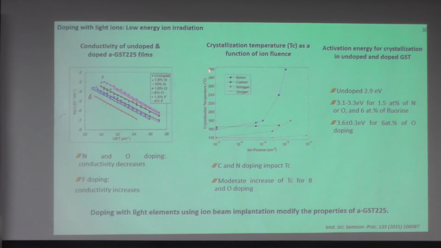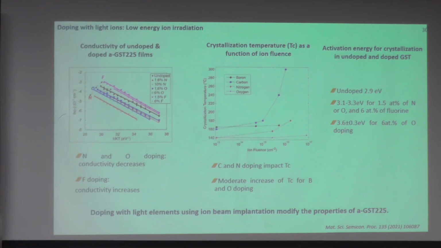This process is also dependent on ion fluence. For the highest ion fluence there is no change in the crystallization temperature, and by decreasing the doping and fluence, the crystallization temperature of GST can be tuned. In the case of carbon, this is a really impressive effect: you can achieve values like 300 degrees C. For boron, a light element, and oxygen, this effect is not so large.